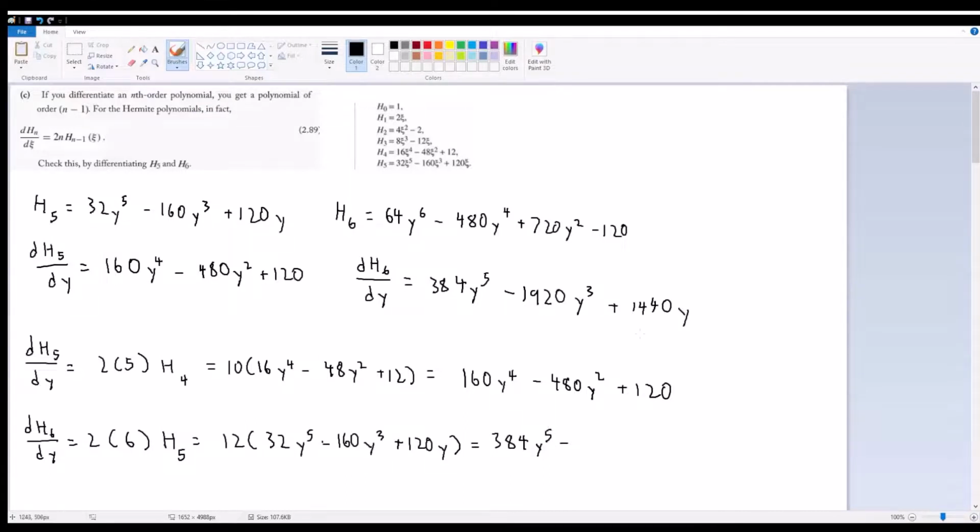I believe that is also 1920 y^3, plus 12 times 120, that is 1440 times y. If we compare this, it does indeed match what we got up here, and thus we are done with part C.